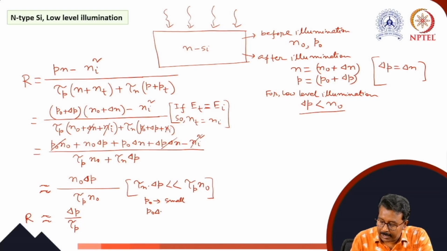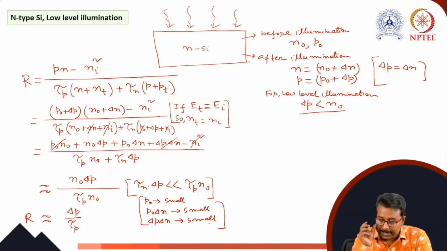So P0 delta N in the numerator is small, delta P delta N is small, tau and delta P I have already mentioned.